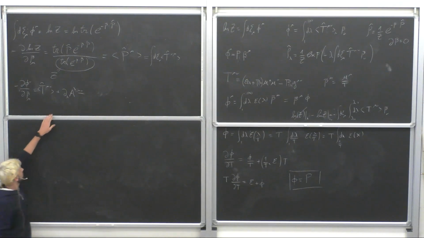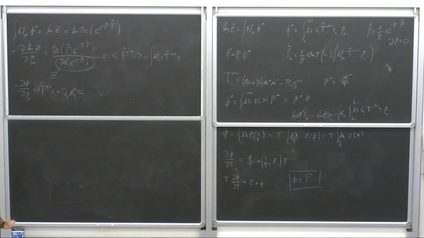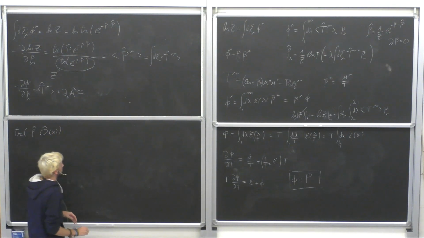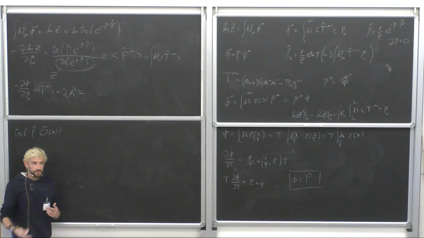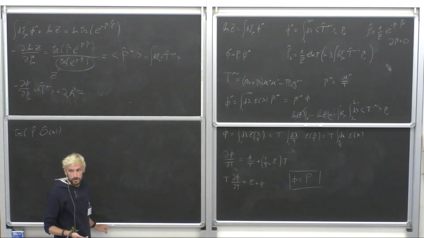So why are gradients 0 at global equilibrium with a constant temperature? This is very important. For example, let's consider the expectation value of some operator O, which is an operator of x. So we have rho of x. We have to keep in mind that translations as operators are generated by the four-momentum operator.